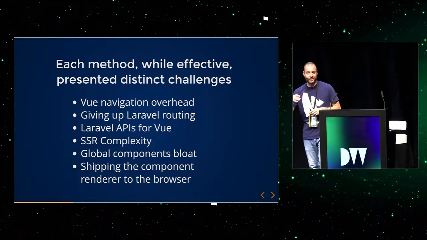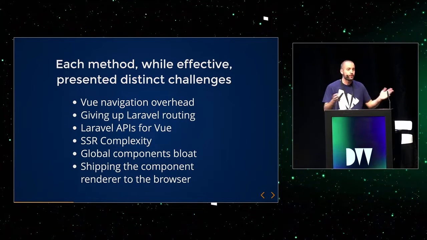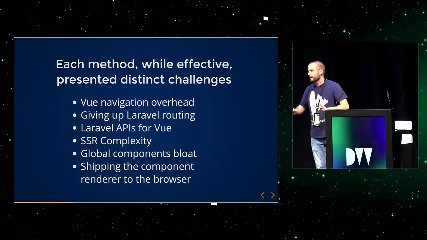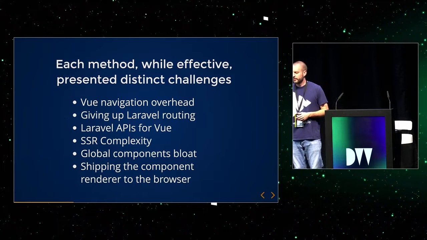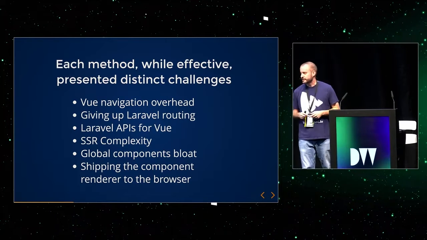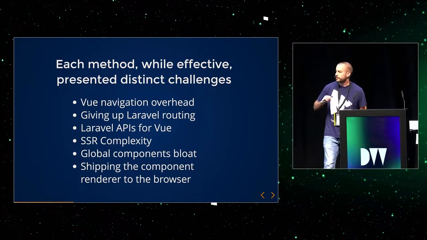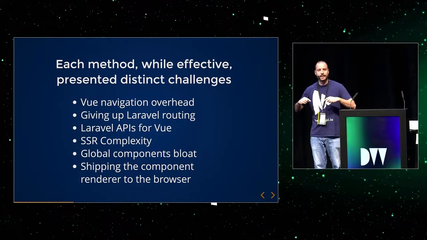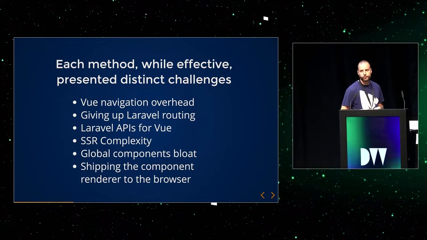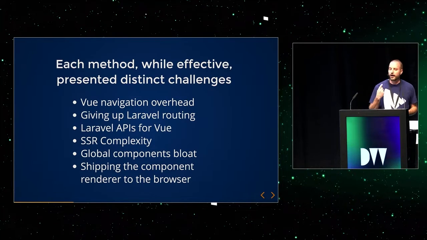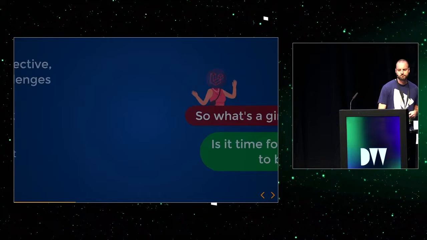With global components in that last approach, you would basically have to load up all your Vue components and send them all to the browser at once, whether they were actually being used on the page or not. And with that last option, we also had to ship the template renderer to the browser because we're writing all of our Vue code directly in the Blade templates. That is overhead our users shouldn't have to download.